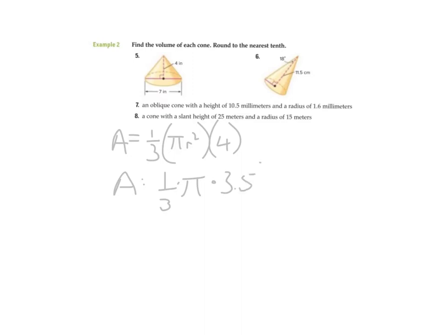And don't forget you've got to square that, and you're going to multiply all that by 4. So again, everything is multiplying. It's a calculator job, and if you do that and put it in your calculator, round it to one decimal place, you get 51.3. And again, check the units. Again, in this case it's inches cubed.